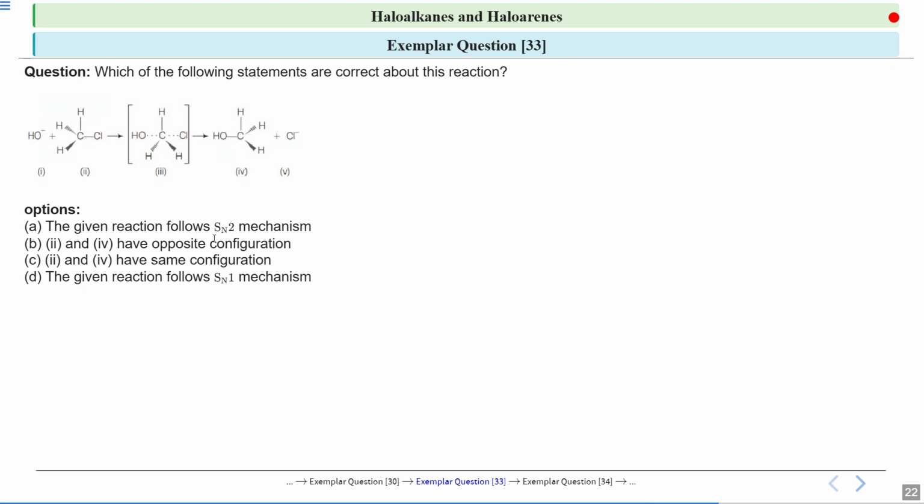From the options, you have to select the correct statement about this reaction. The options are: the given reaction follows SN2 mechanism; second and fourth have opposite configuration; second and fourth have the same configuration; or the given reaction follows SN1 mechanism.